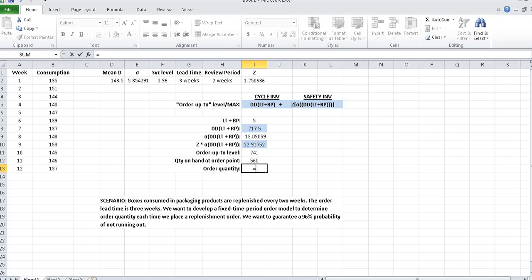Our order quantity then becomes the difference, whatever quantity it takes to add us back up to our max or our order up to level. So this would be our order quantity. And each time, every other Friday, each time we hit an order interval, we will order the quantity that it takes to bring us back up to this number.